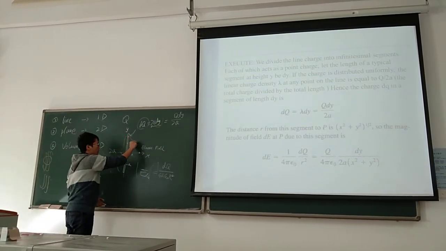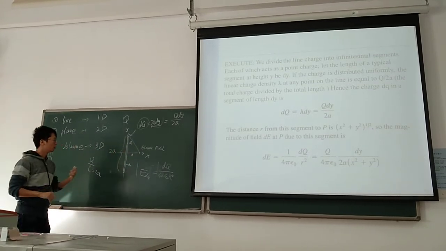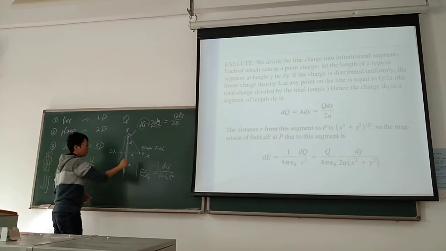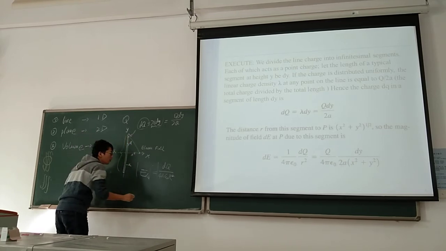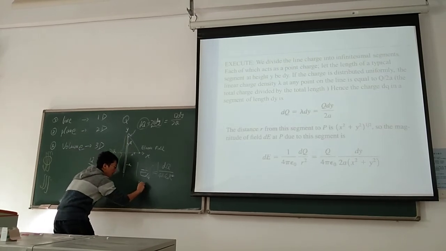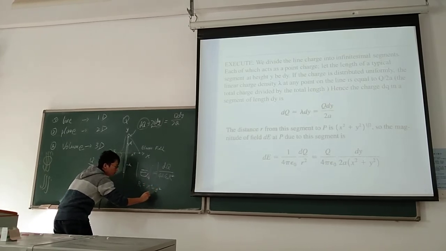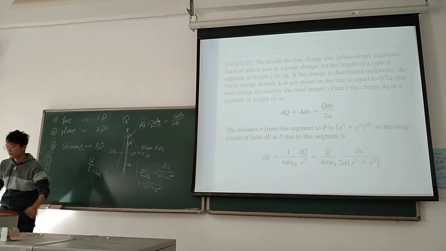We don't know the distance between this little piece and the point. What we know is only the x and the y. Since x and y are known, r can be calculated as the square root of x squared plus y squared.